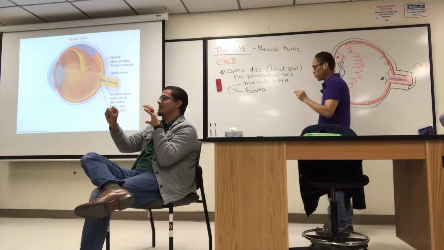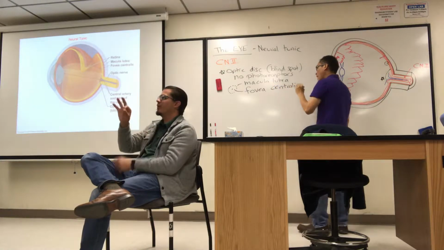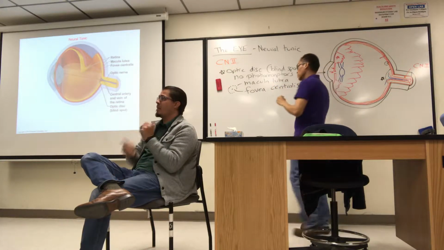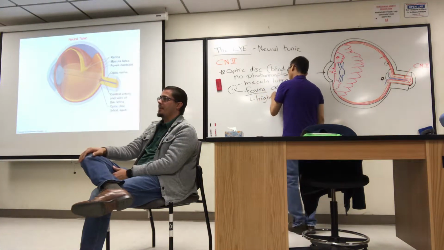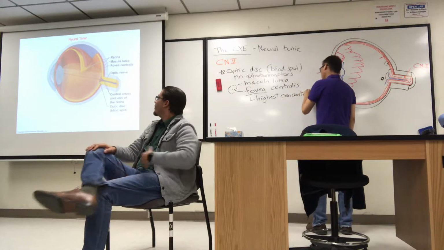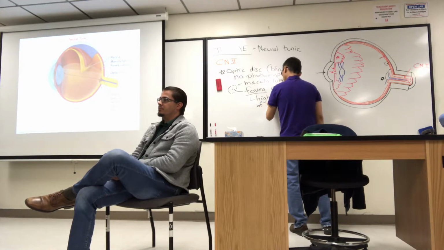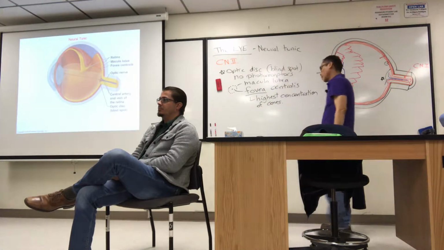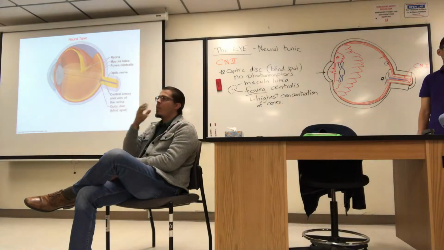The full name is fovea centralis. You have your highest concentration of cones in the fovea. Cones, I'll teach you later, they're for color vision and acuity.